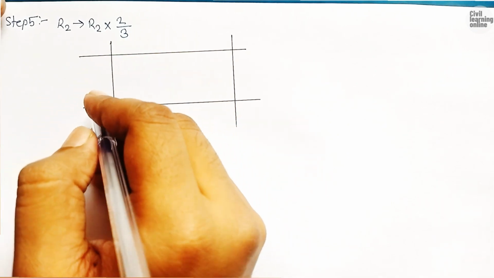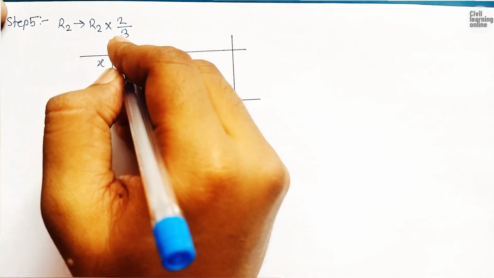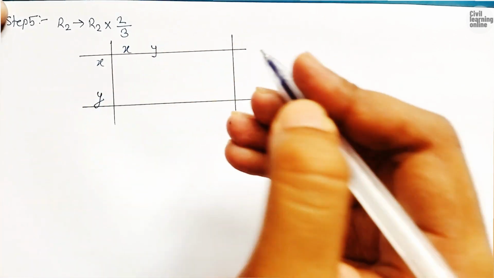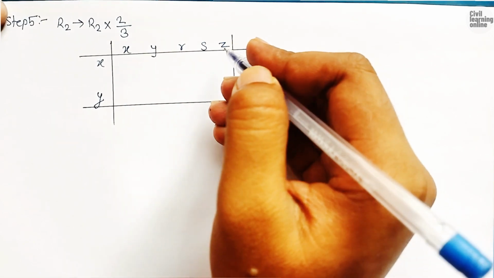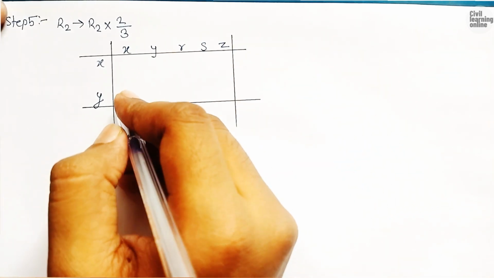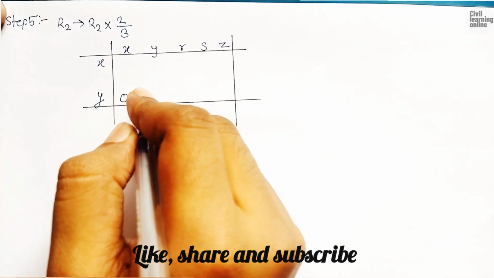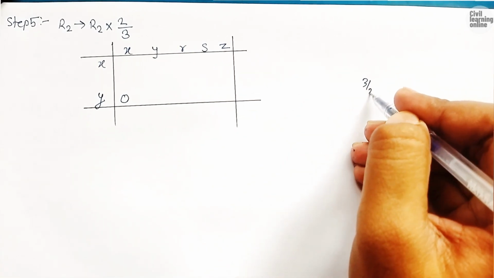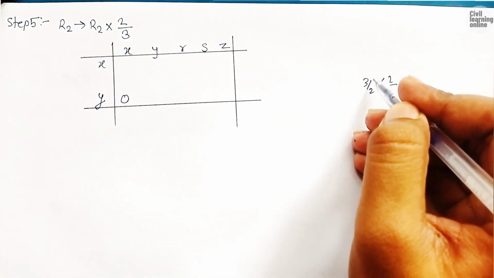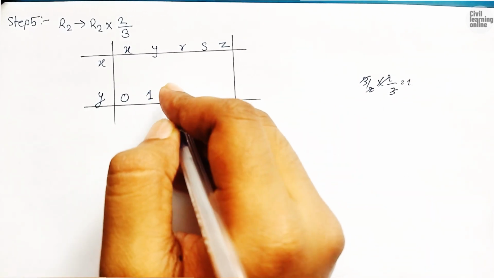This time we are going to write X, Y, R, S and finally Z. First element is 0, so 0 multiplied by 2 by 3 is going to be 0, and 3 by 2 multiplied by 2 by 3 cancels out, so we have 1.